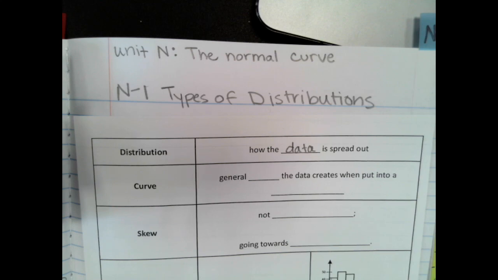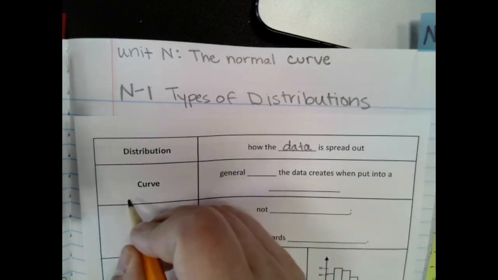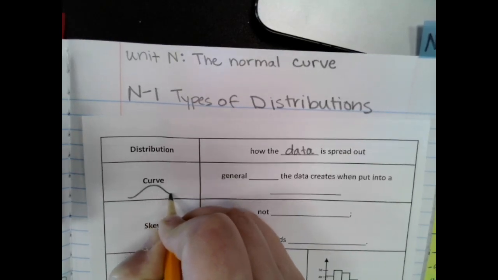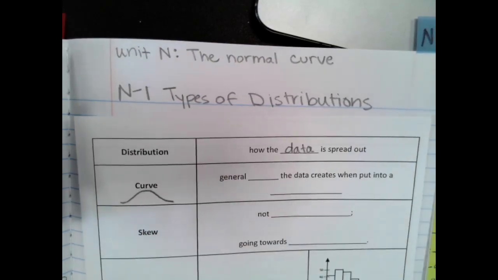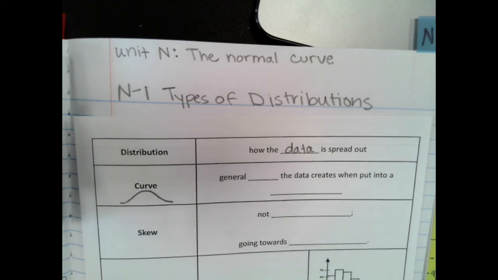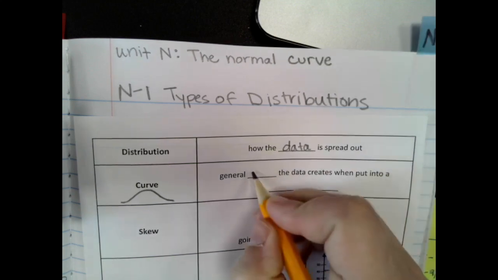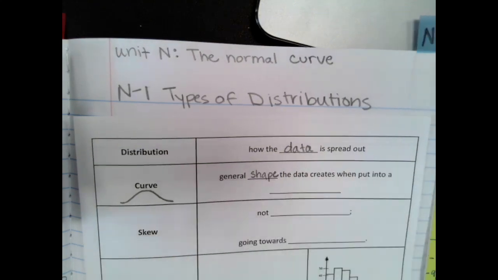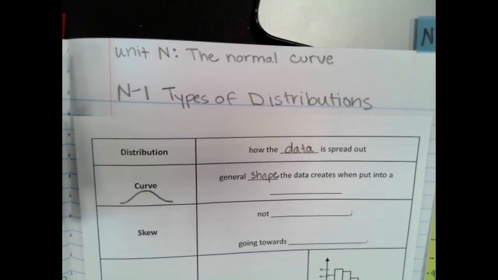All right, so a curve is where we have an up and over kind of motion. It's kind of like a mound or a hill. So it's a general shape that the data creates when put into a histogram.